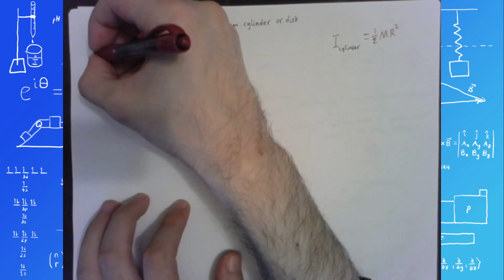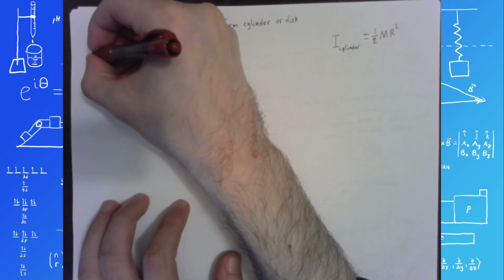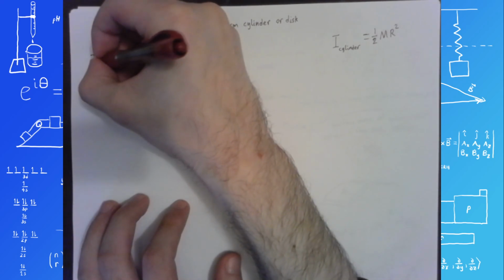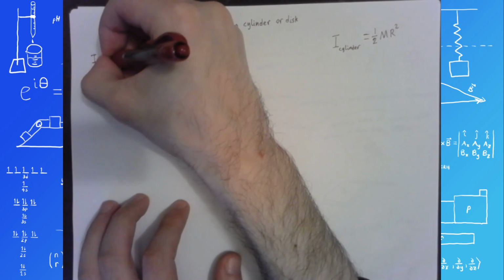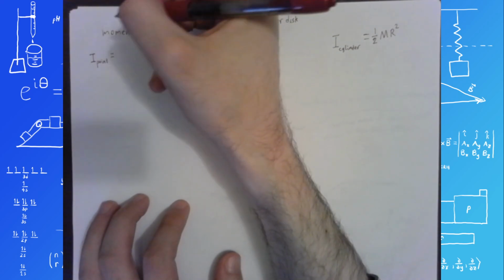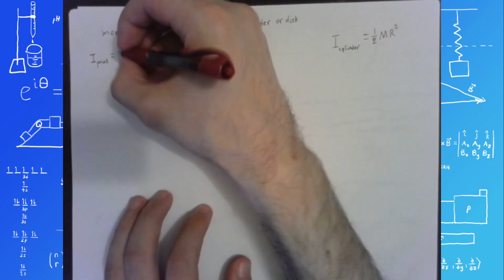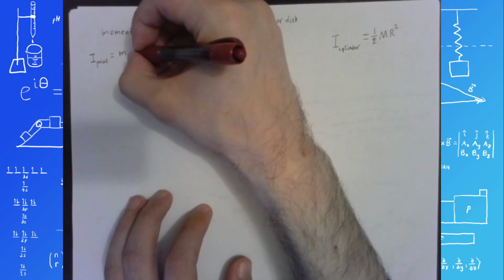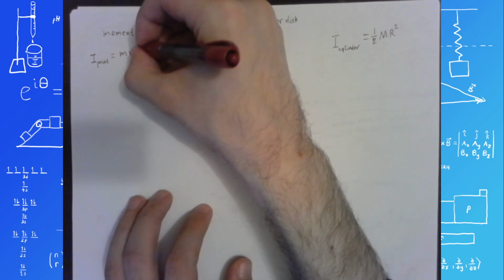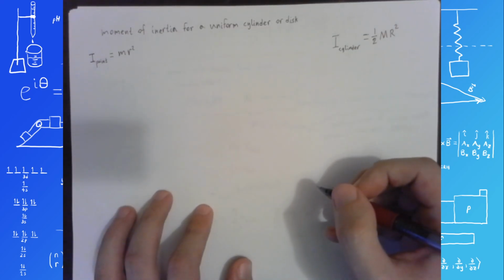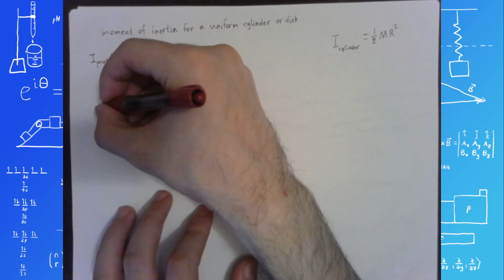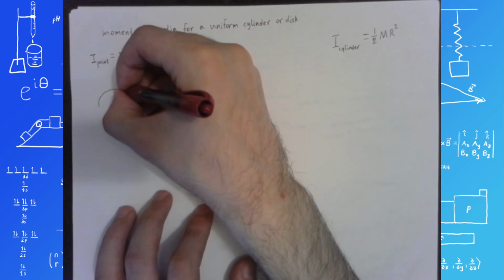In general, moment of inertia for a point mass is equal to whatever that mass is times its distance from the axis of rotation squared. And for those who haven't done any physics before, this is probably not making any sense, so let's explain this idea.